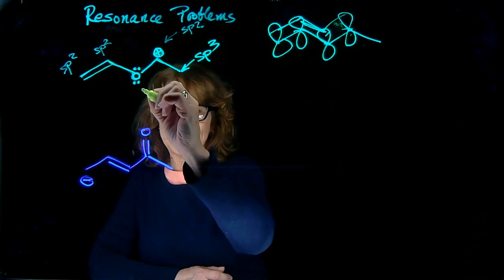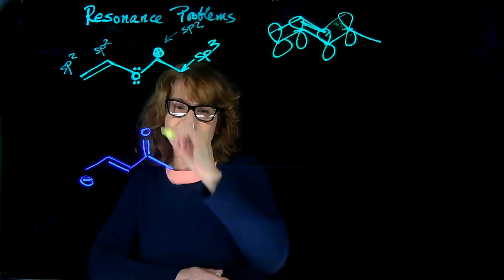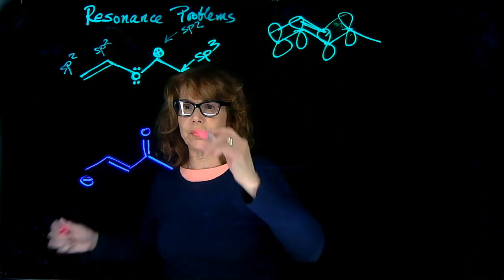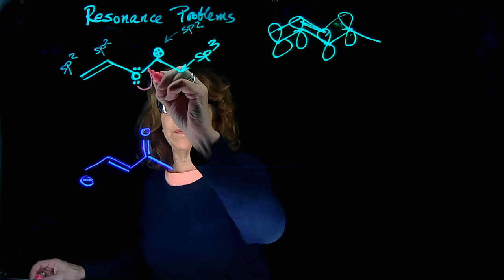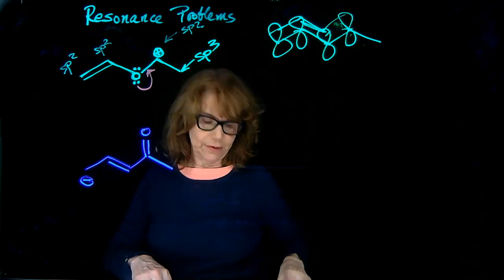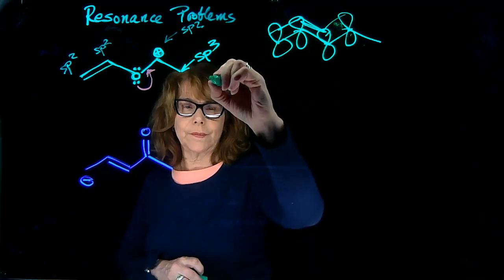One pattern is a lone pair adjacent to a positive: I can do a resonance structure that will put a double bond here. When I do that, let's draw the hybrid.